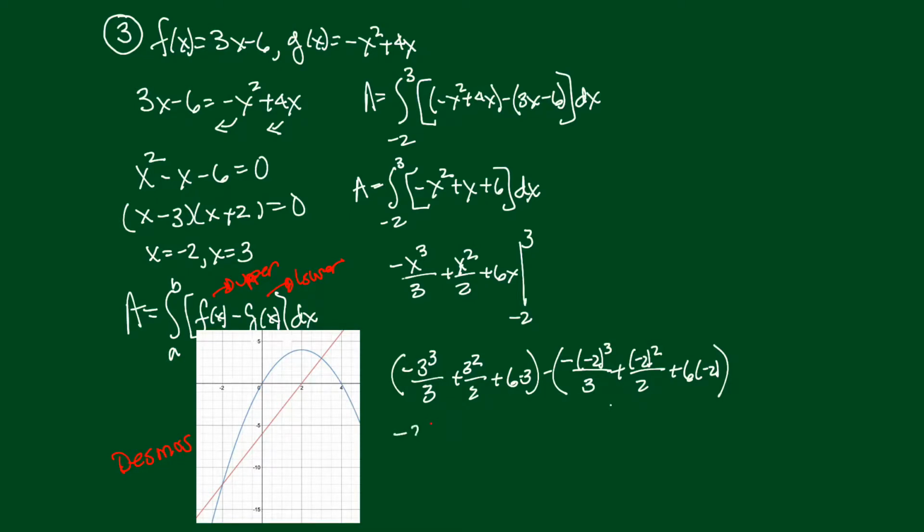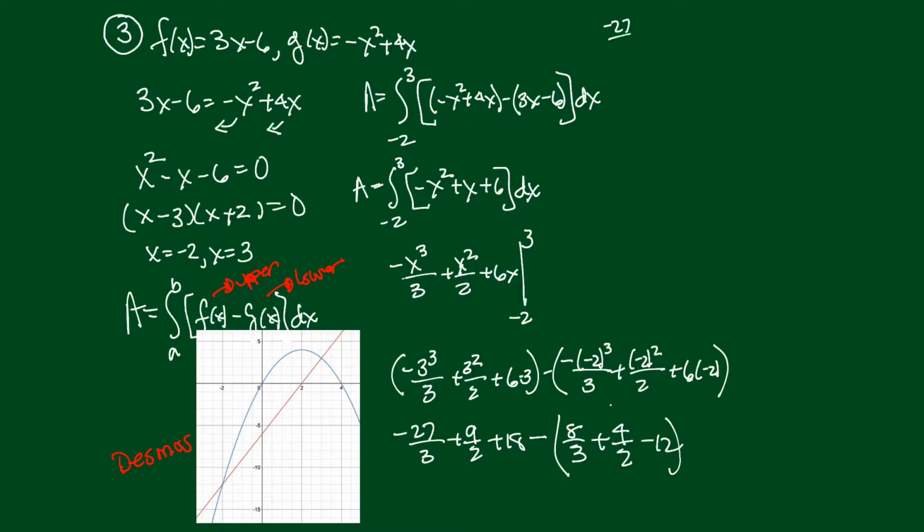Let's see what we have. This is -27 over 3 plus 9 over 2 plus 18 minus, I'll do this piecewise here. So what do we get here? -2 cubed is -8. Minus -8 is 8. So I get 8 over 3 plus, now -2 squared is 4 over 2, and then minus 12. Get rid of all those parentheses. I'll do it at the top right here.